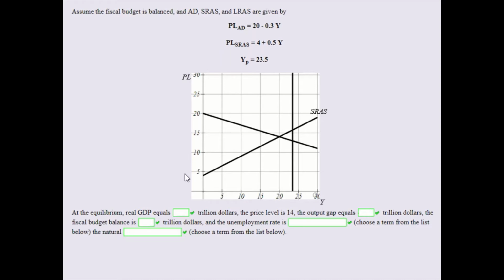And the short-run aggregate supply curve slopes up primarily because if prices generally rise, the price level goes up, and we hold other things constant, the profits that firms are making increase. So if they can increase output, they can increase profits as prices go up.